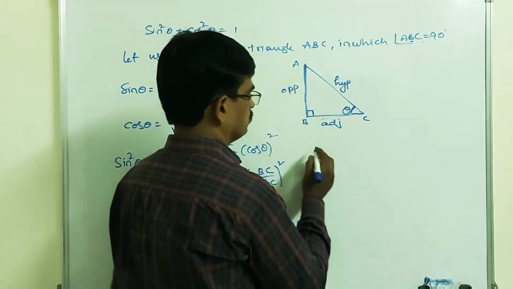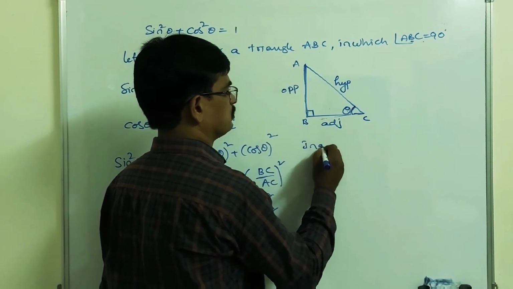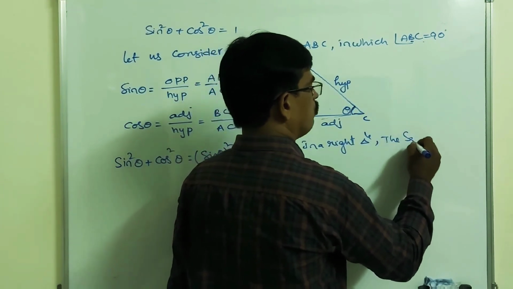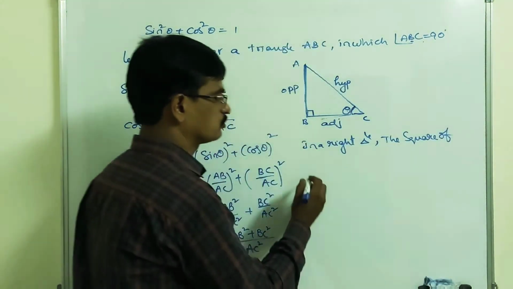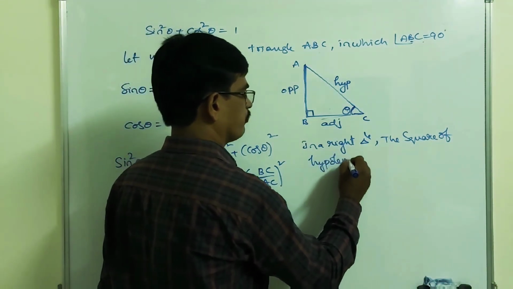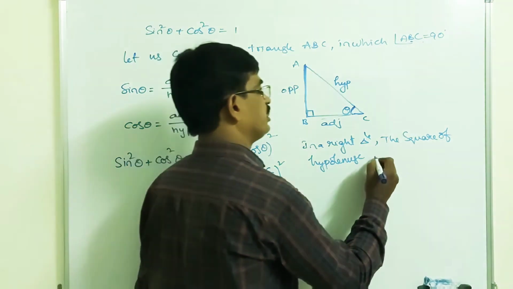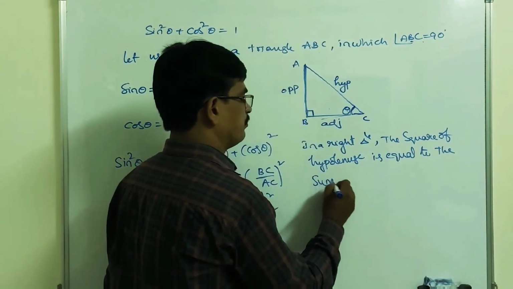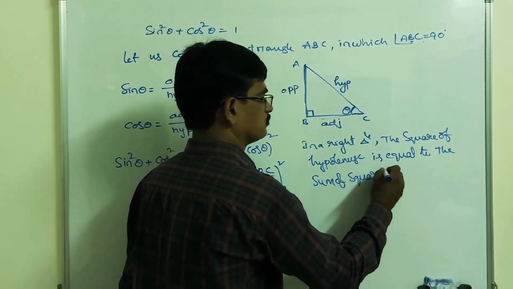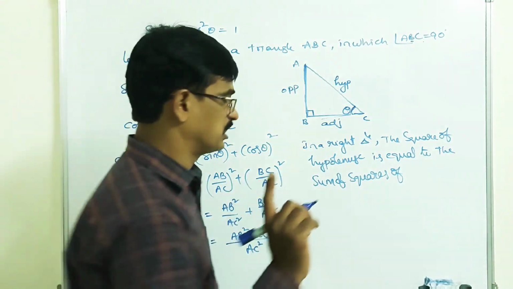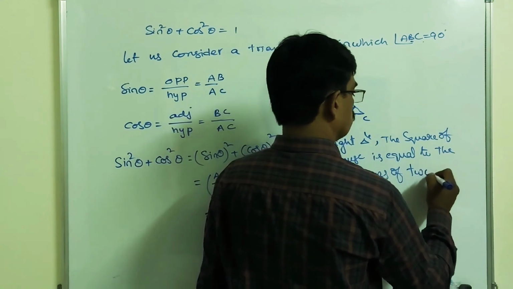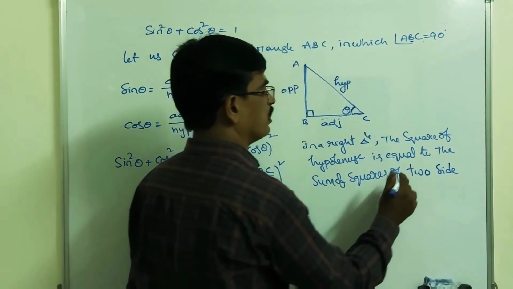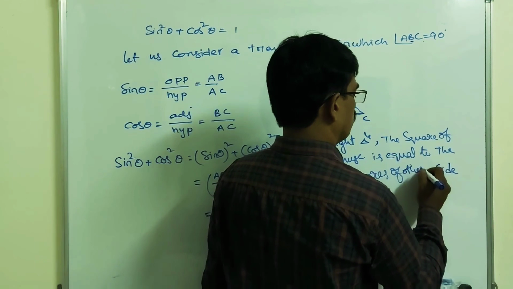the Pythagorean theorem. In a right triangle, the square of the hypotenuse is equal to the sum of squares of the other two sides.